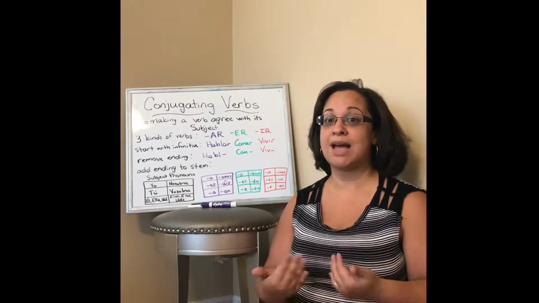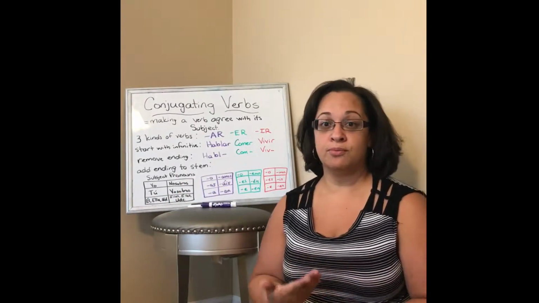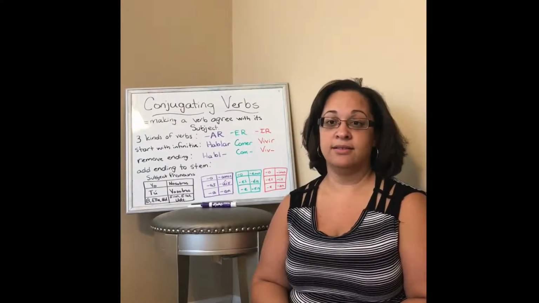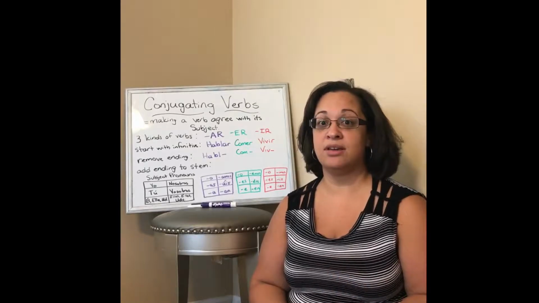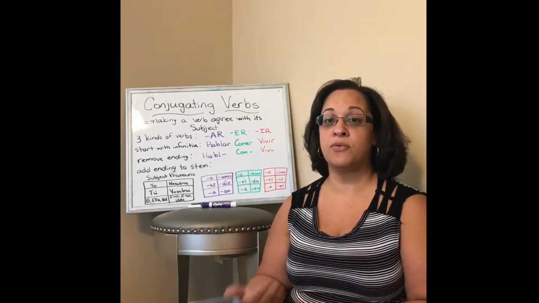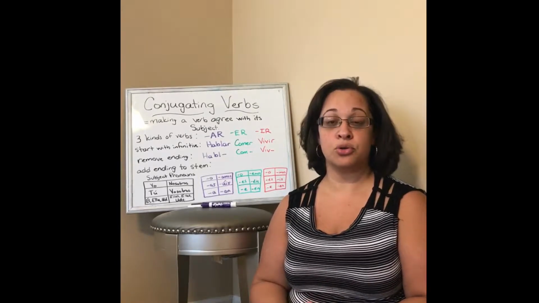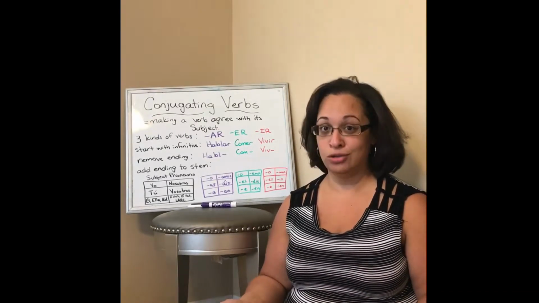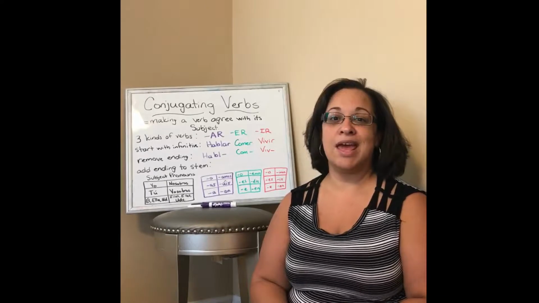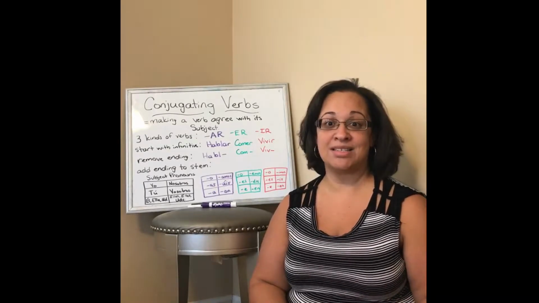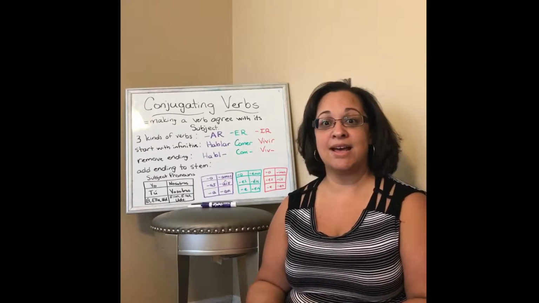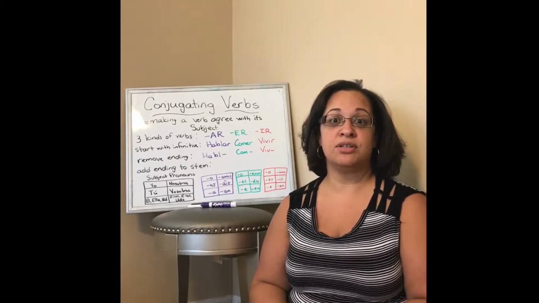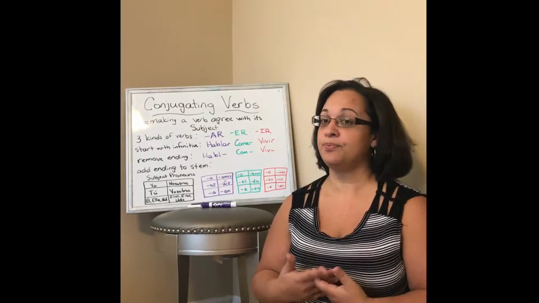So yo means I, tú means you, informal, él means he, ella means she, usted is you, formal, nosotros is we, vosotros is that southern y'all. Then we have ellos, which is they, masculine. We have ellas, which is they, feminine. And ustedes, which is you, plural.